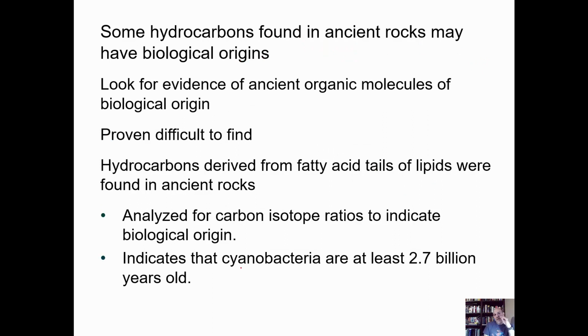We also might look for other indirect forms of life by looking for compounds that seem to only be produced by life forms. For example, hydrocarbons. These are things like fatty acids, which have long chains of carbon with hydrogen on them.